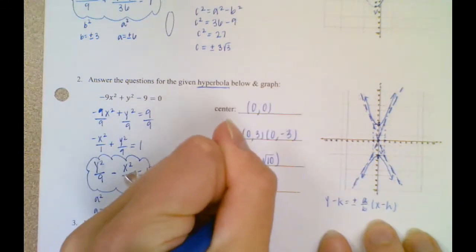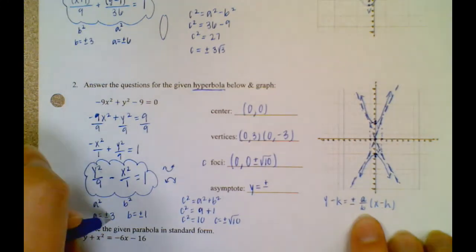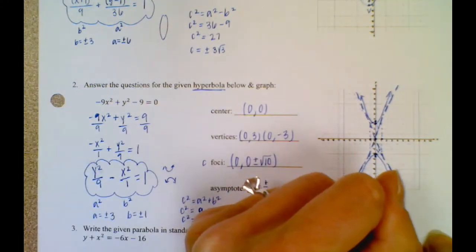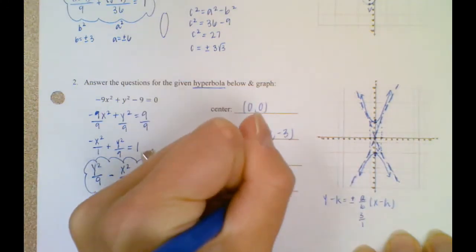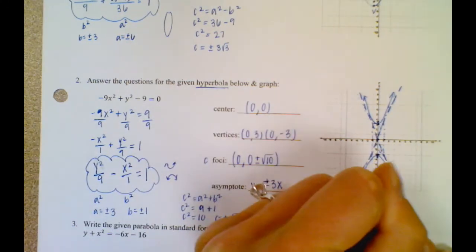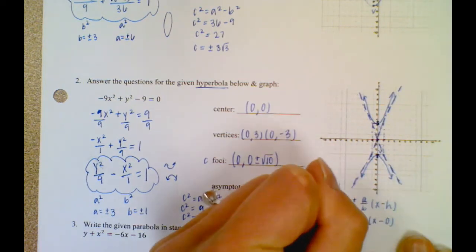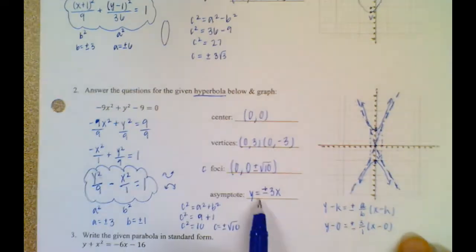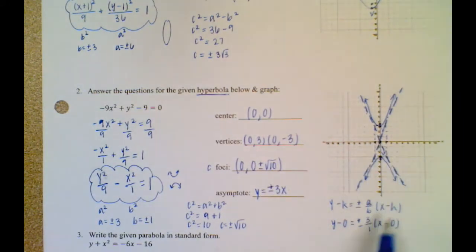So I'm just going to get y equals plus or minus a was 3, b was 1, so 3 over 1 is just 3, and then x. I can write this over here if you want to see where those came from. So that simplifies down to this. But if your center moves, if it's not at the origin, then you need to make sure that you put the h and the k value in there. Okay?